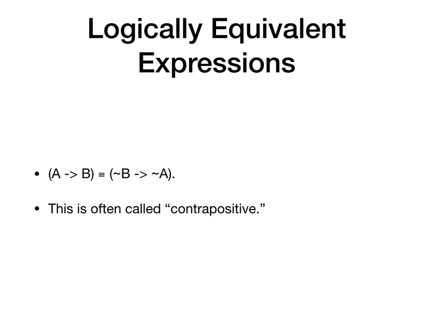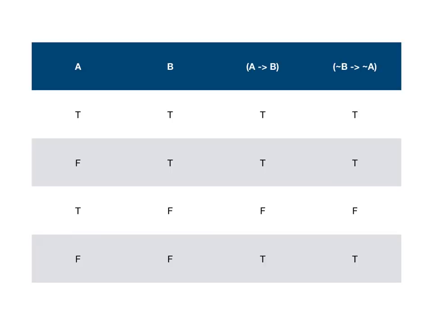If you really want to get into this, we can look at our truth table, though. And if we're talking about logical equivalency, we should always look at the truth table. Remember, two statements are logically equivalent if they have exactly the same values on every line of the truth table.